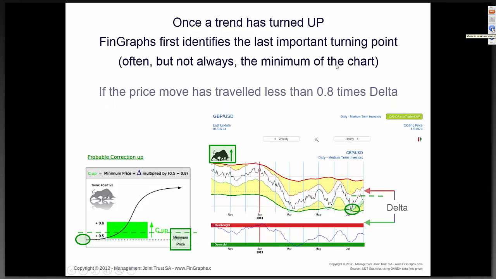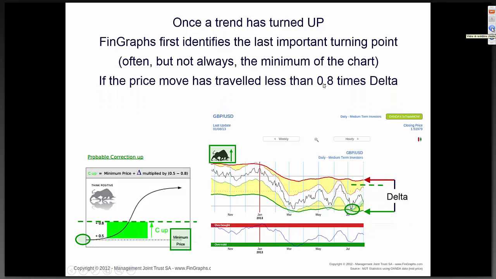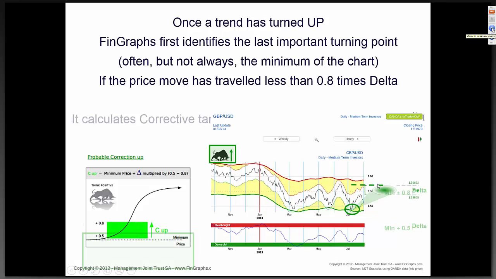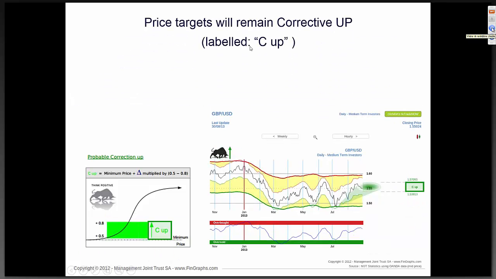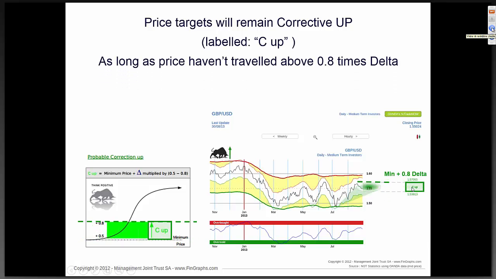If the price move has traveled less than 0.8 times delta, as you can see here in the methodology box, and you can see it here on the chart, it calculates corrective targets. So minimum price plus 0.5 to 0.8 times delta. Price targets will remain corrective up, labeled C up, as long as price hasn't traveled above the 0.8 times delta.